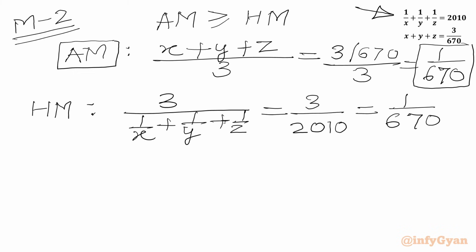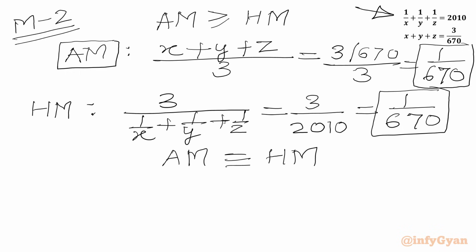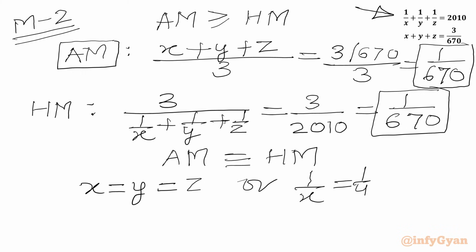Now AM equal to HM. We'll write here equality holds true. So we will conclude either x equal to y equal to z, or we can write 1 over x equal to 1 over y equal to 1 over z.